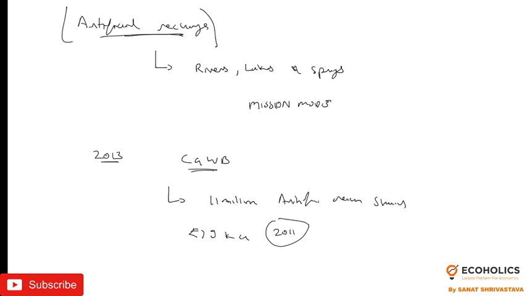Now if you see, along with this, water conservation and water harvesting play an important role. So we can use the labor from MGNREGA and we can build assets by using the labor from MGNREGA. Now the last and the latest scheme that the government introduced is known as the Jal Shakti Abhiyan.